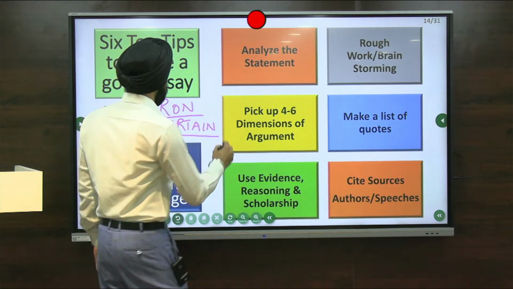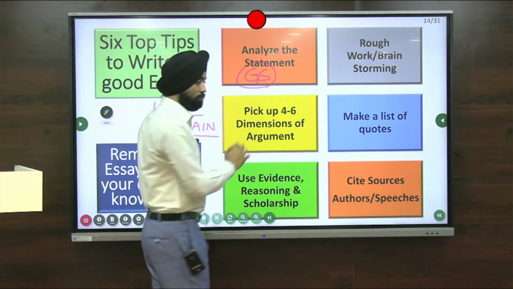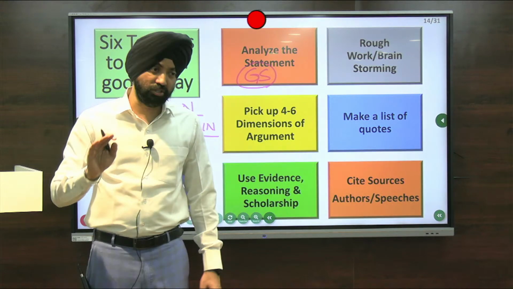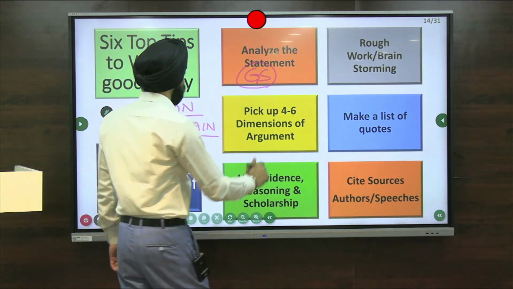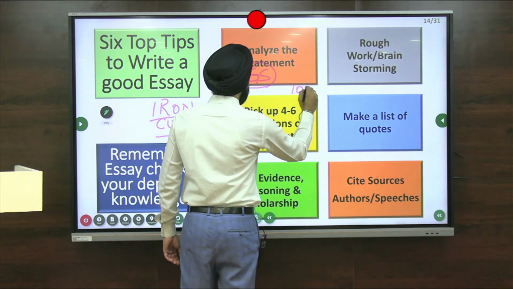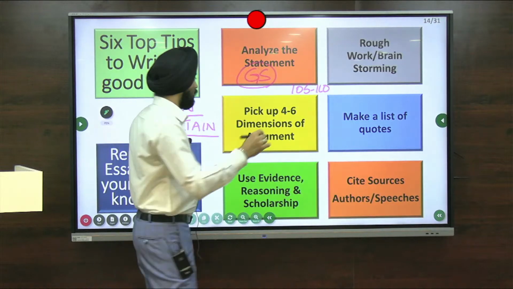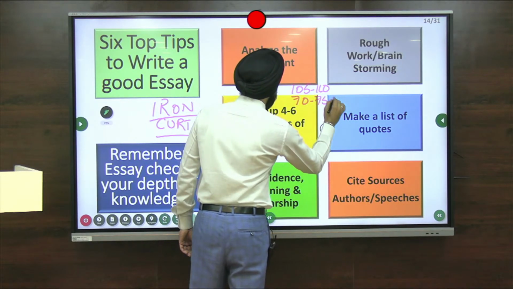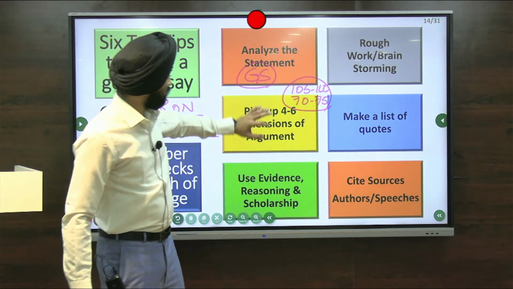When you see the GS marks of all the students, when you see the GS marks of the topper and the person who got probably the least in GS, the variation is very small. On an average, students, the best they get is 105 to 110. This is the best, and average people will get 70 to 75. It means there is a variation of 25 to 30 marks in GS.